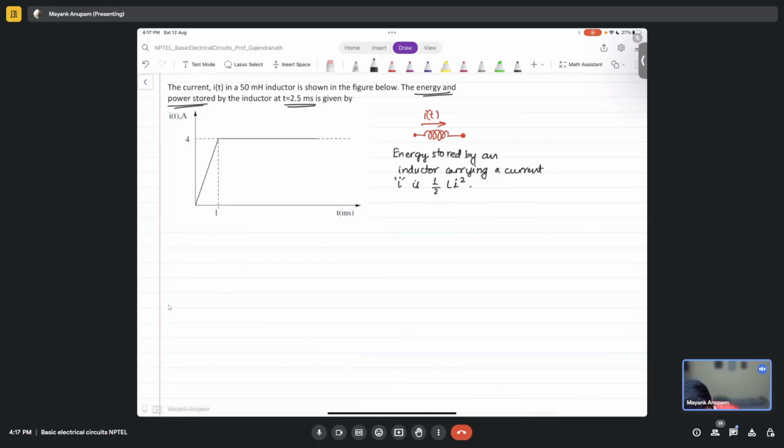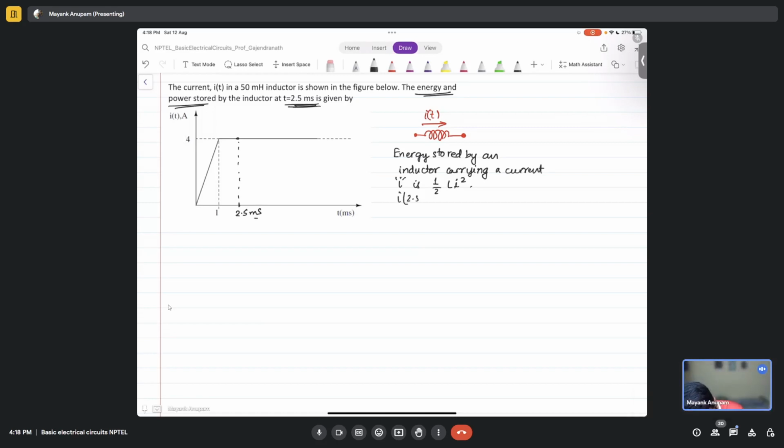So what is the current at t equal to 2.5 milliseconds? 4 amperes. Yeah, t equal to 2.5 is somewhere here, right? At that time you can clearly see it is exactly 4 amperes.